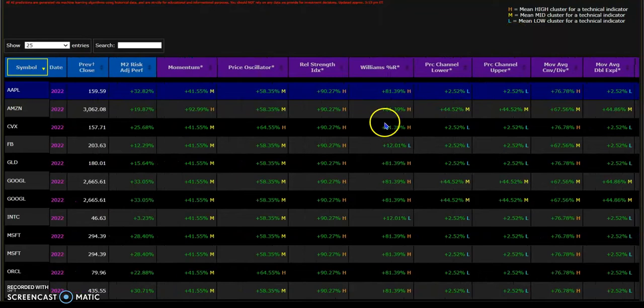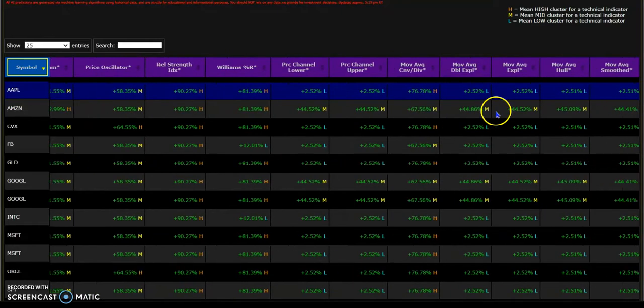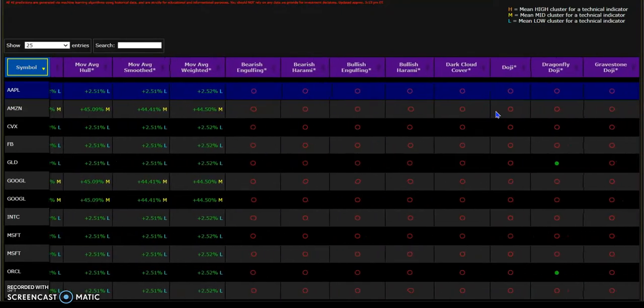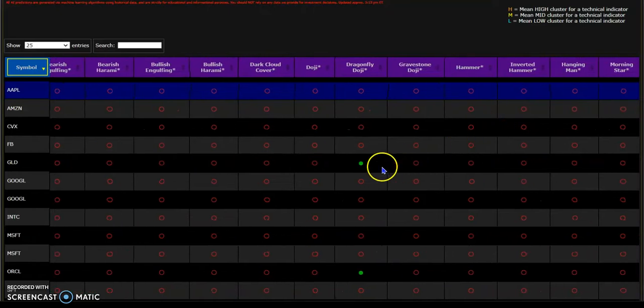For instance, on the Williams R technical indicator, the cluster for Apple is very, very high, meaning it's close to being overbought. Each one of these clusters is calculated every single day after the close, and it will also calculate if any candlestick patterns are showing up for certain stocks in the portfolio.